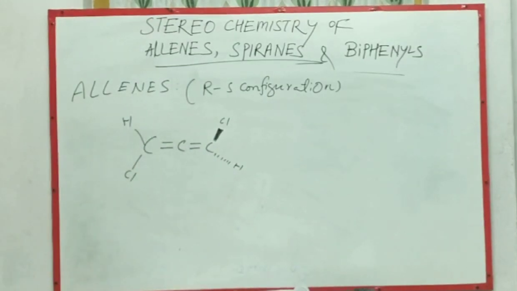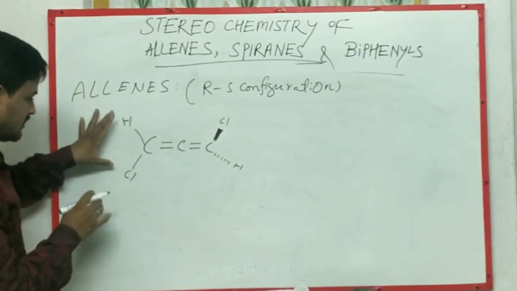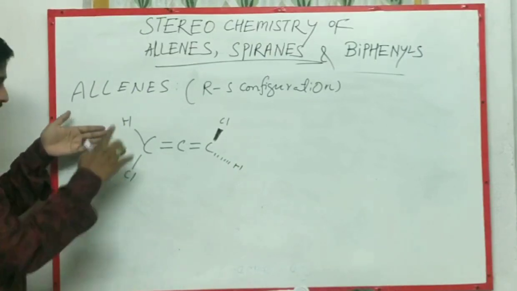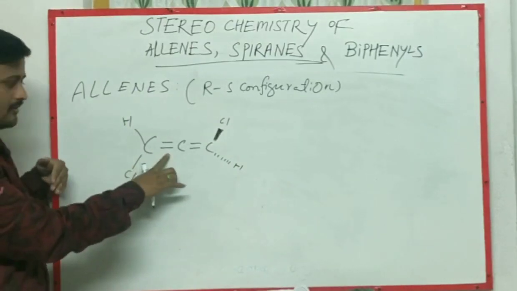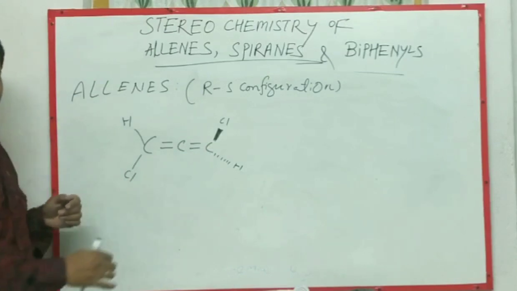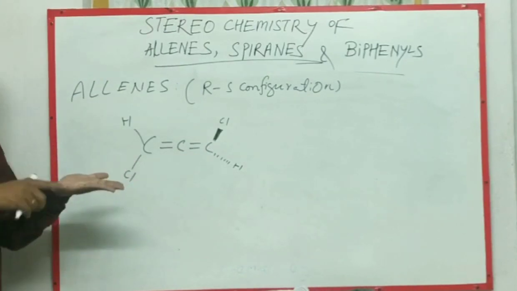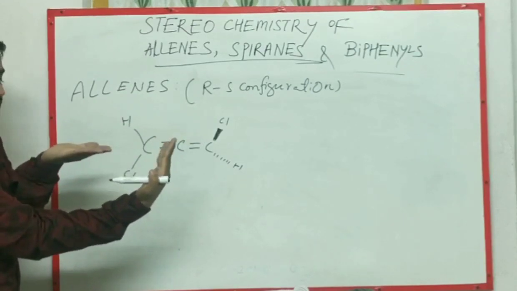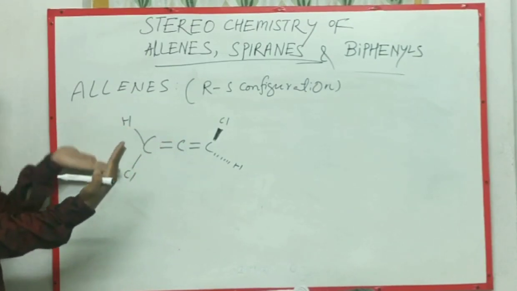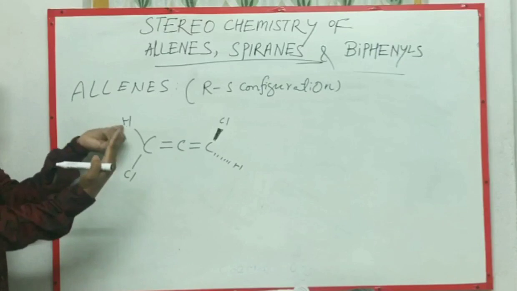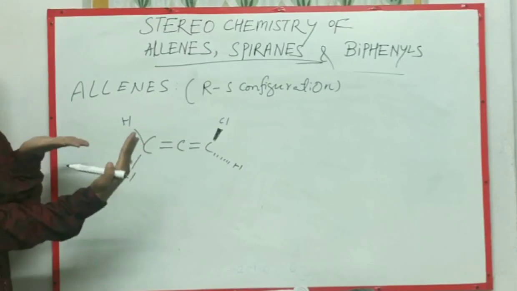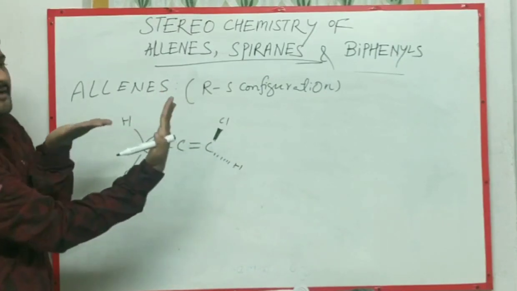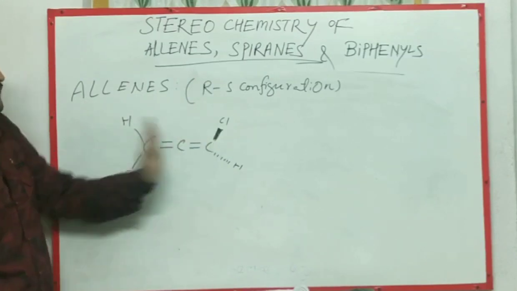Actually we know that these two atoms are present in the YZ plane, and this is the XY plane. I mean these hydrogen and chlorine exist in this plane, and these two are present like this. I already told you previously. These two are present in this plane, and above the plane, below the plane. I am writing it like this.